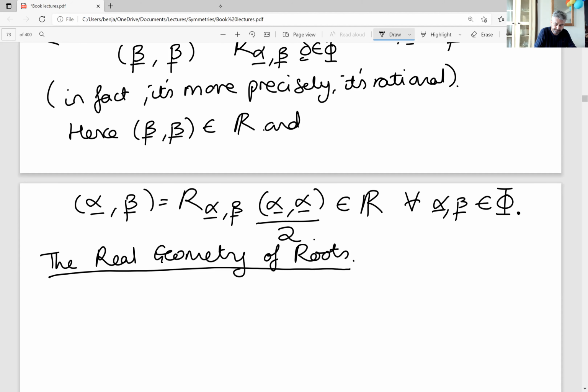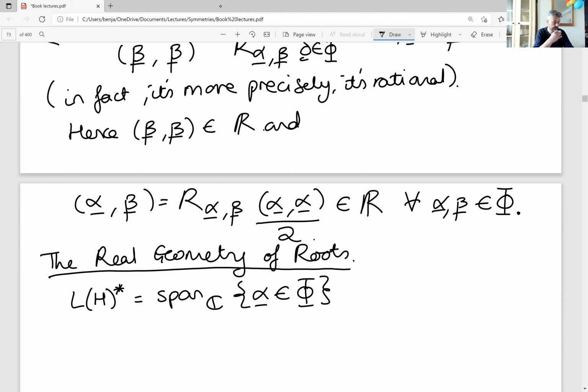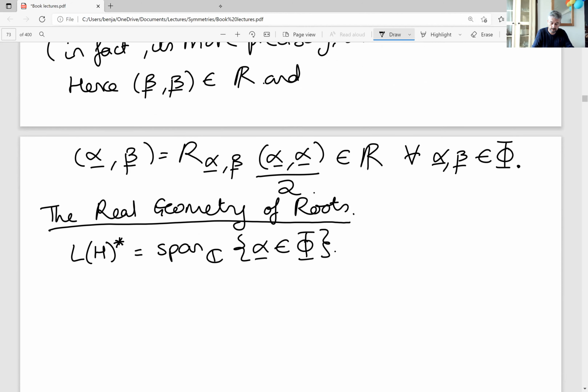So remember, the dual of our Cartan subalgebra is the span over the complex numbers of our roots, all roots in the root set. So this is an assertion, and I'm going to prove this now. Let's suppose this isn't true.